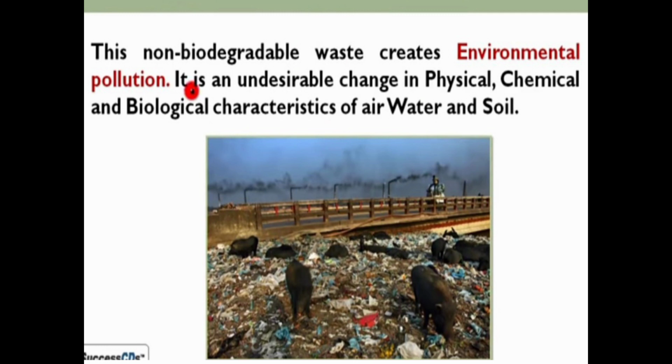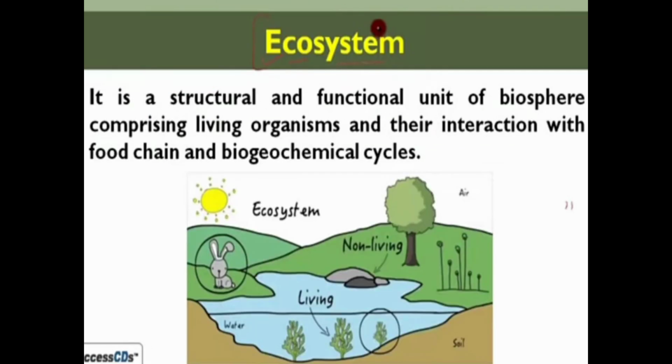Then comes the ecosystem. Ecosystem is a structural and functional unit of biosphere. Biosphere, as you know, you have learnt in the earlier classes, in class 9th, that it includes everything in this universe, or we can say in the whole solar system.